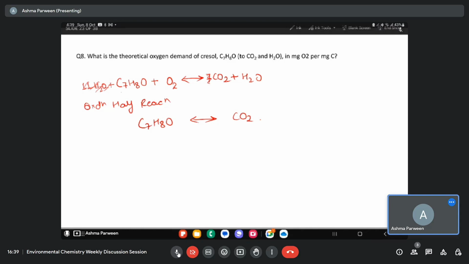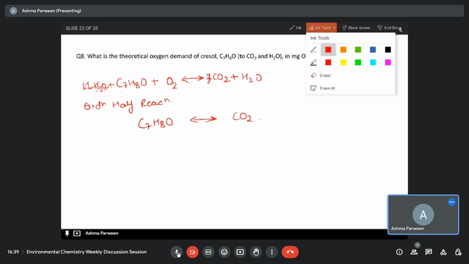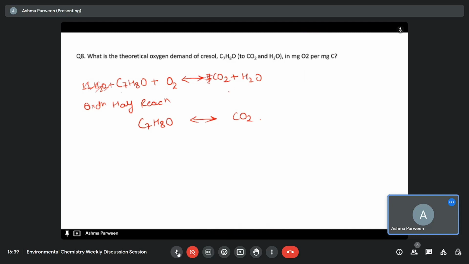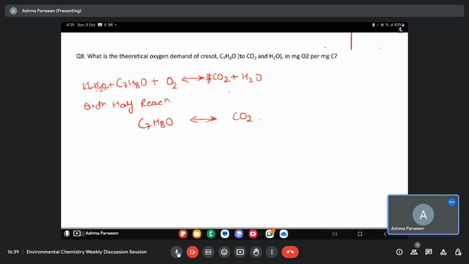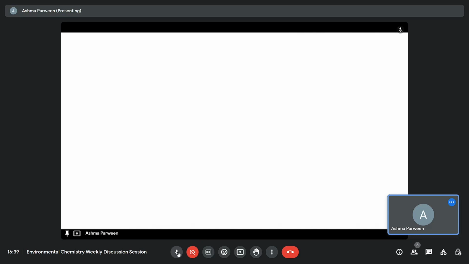Let me erase everything. So it's getting oxidized to CO2. Let's balance this. 7 carbon, so 7 CO2. Next we'll balance oxygen. This is 7 to 14, but here it is only one oxygen.